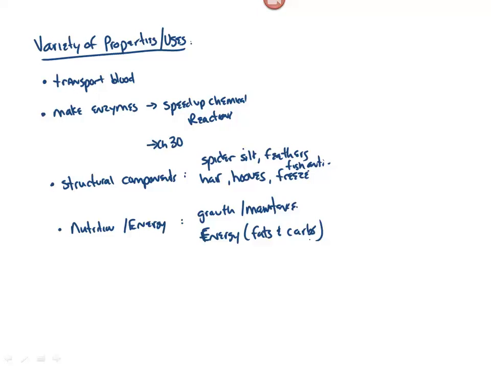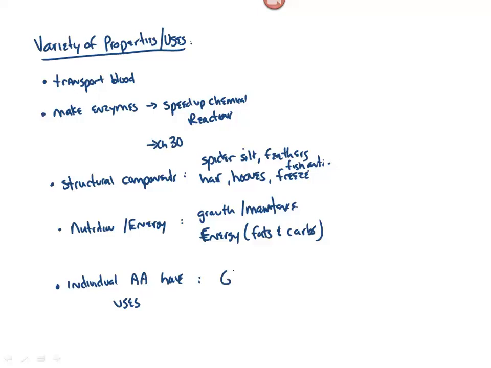Let's see, what else do we want to say? Oh, sometimes the individual amino acids have uses. So there's a few amino acids where just the molecule itself has a use, and it's not necessarily always built into a building block.